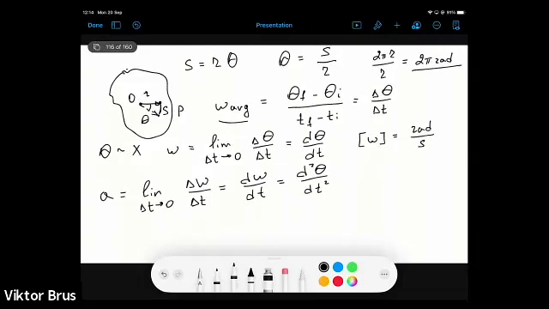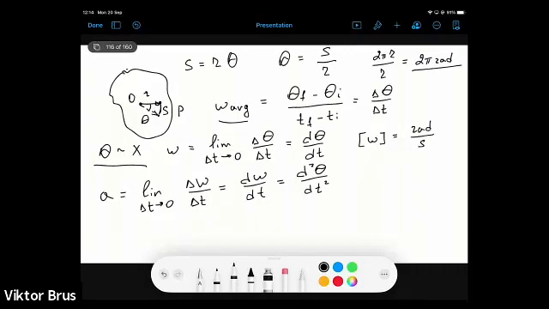So as you may already notice, there are quite many similarities between the kinematic equations for translational and rotational motion. We already mentioned the relationship, like equivalence, between theta and x.